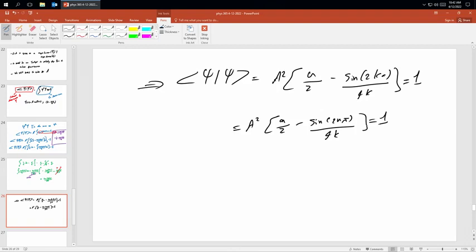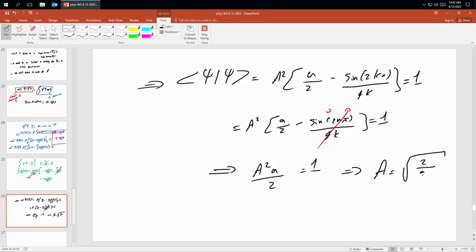But then 2 times an integer is still going to give me an integer: n pi, 2 pi, 4 pi, whatever is going to go to 0. So this little fella is going to go to 0. So this means that A squared multiplied by a over 2 is going to equal 1. That means our solution for A is going to equal the square root of 2 over a.